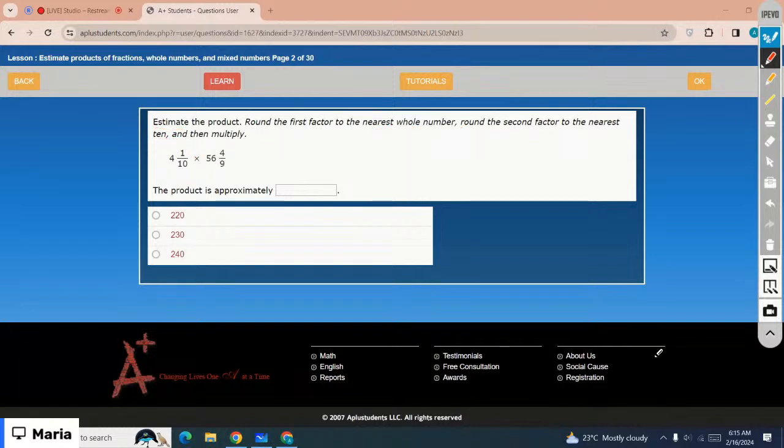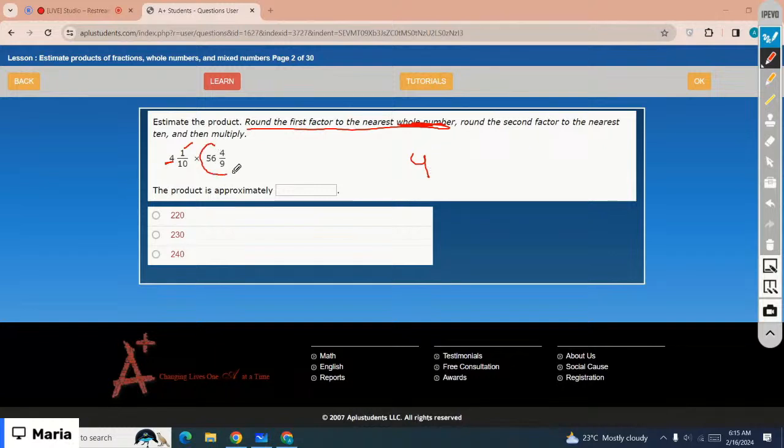You have to round the first number to the nearest whole number. Whole number is 4. Just look at the fractional part, that is 1 over 10. 1 over 10 means only one portion is colored out of the 10. That is less than half. So, because the fractional part is less than half, you have to round this number to the same whole number, that is rounded off to 4.